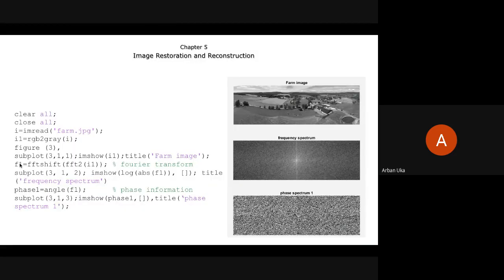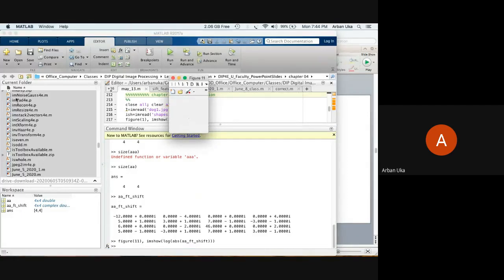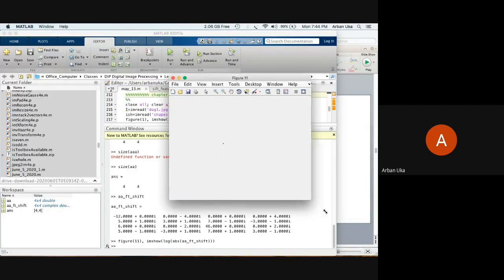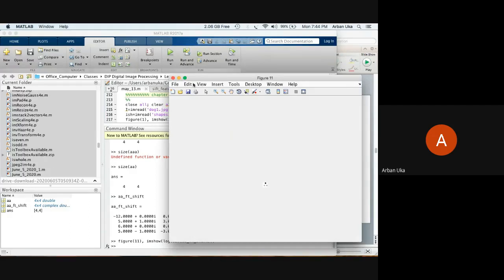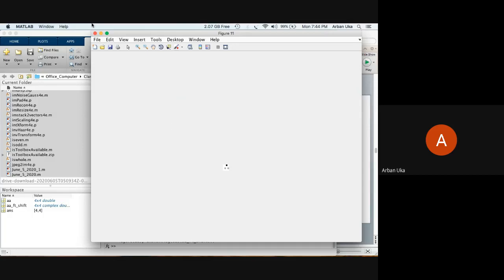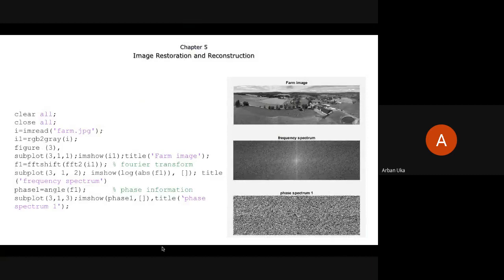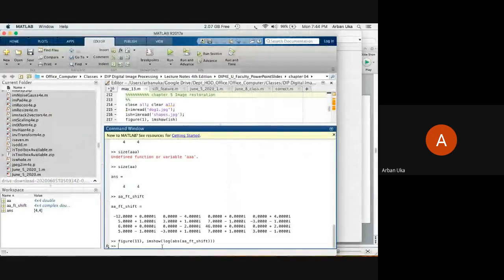We can do here imshow of the logarithm of the absolute value of AA, its Fourier transform and shifted. But of course, we cannot see much because 4x4 pixels is not much information. In order to see something on the screen, actually, we are even seeing more than I was expecting. So this is the Fourier transform of this data. Now, of course, this doesn't make much sense, but what I find more important is the following.